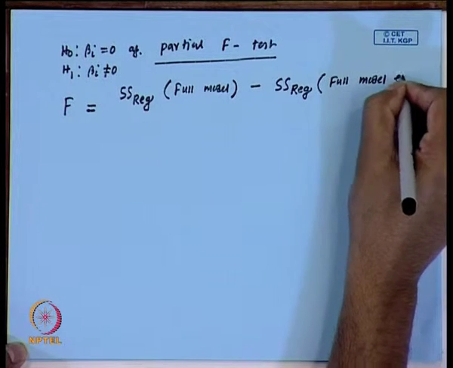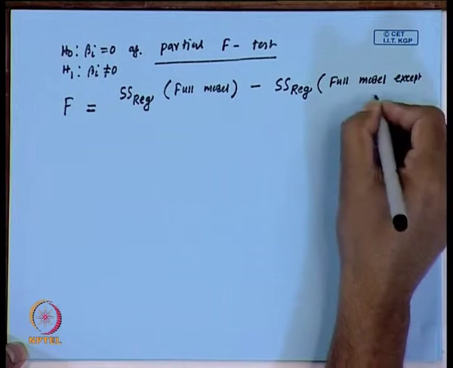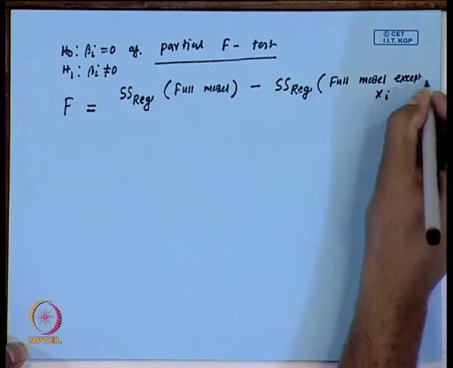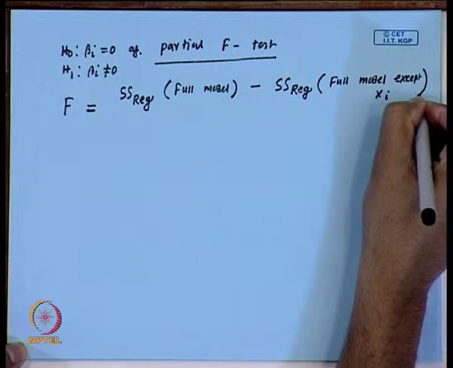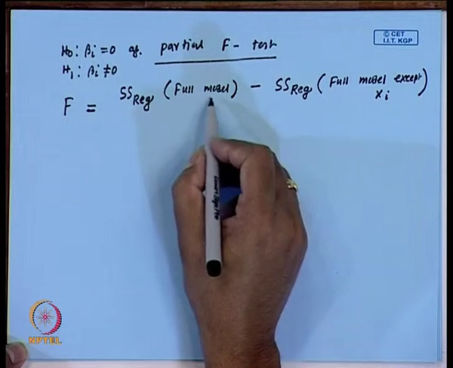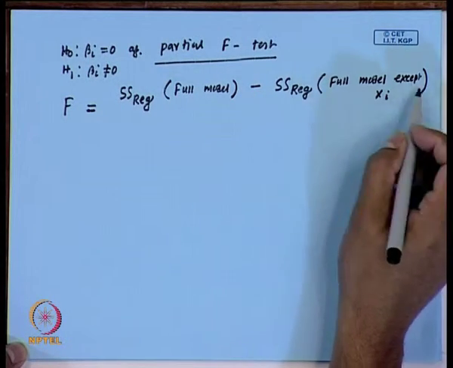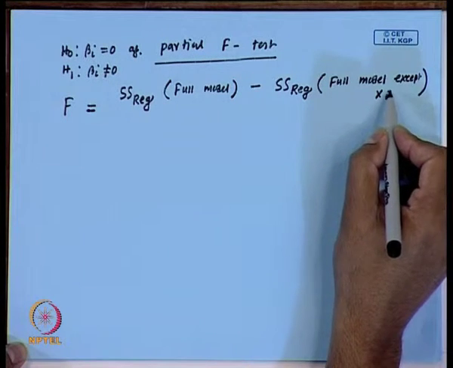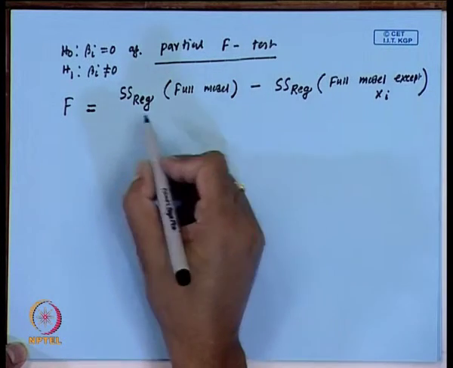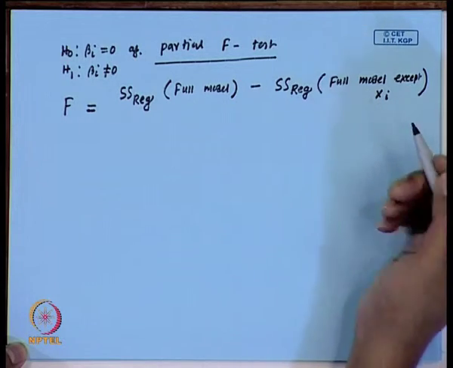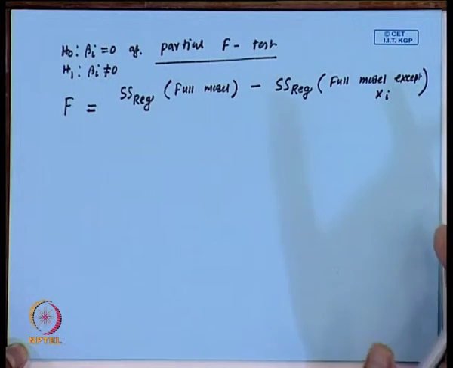Here you have all the regressors x 1 to x k minus 1, and there you have all the regressors except the regressor x i. This difference gives the extra regression sum of squares due to the regressor x i.